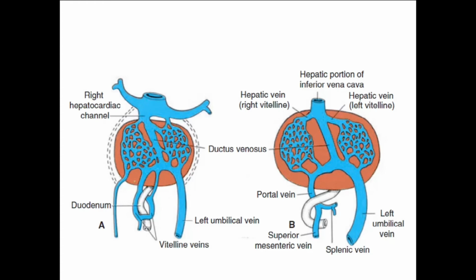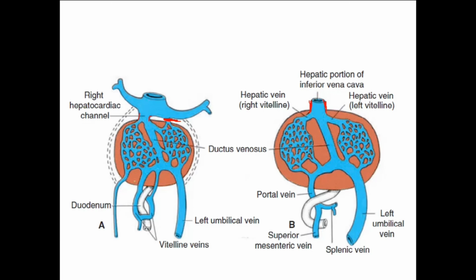Let's use the pen. So this area is obliterated and only one channel, that is this channel, is connecting the Vitelline with the sinus venosus, and this is the right hepatocardiac channel, and this will give rise to the hepatic segment of the inferior vena cava.